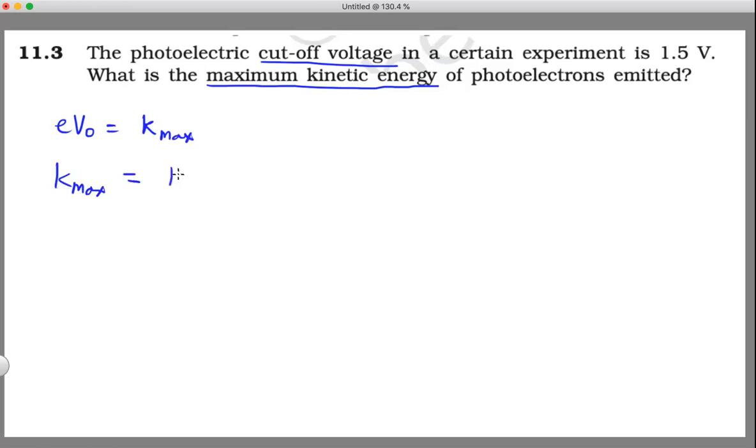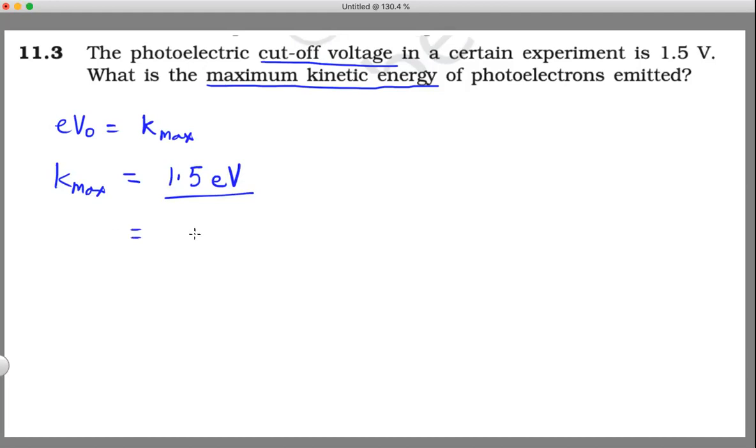So K max, either we can turn around and write the answer straight, right? In this unit, the answer is 1.5 electron volt, right? Because that is also an acceptable answer.